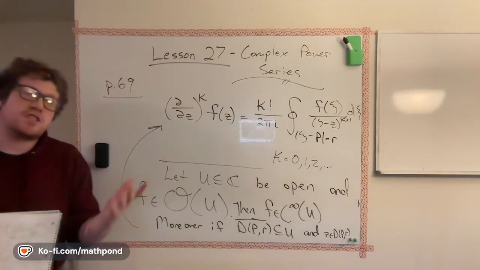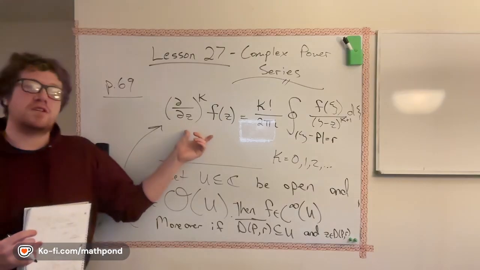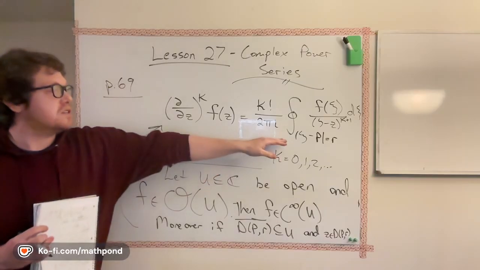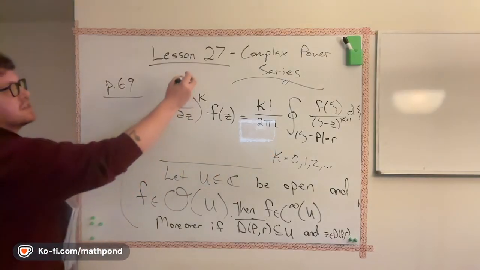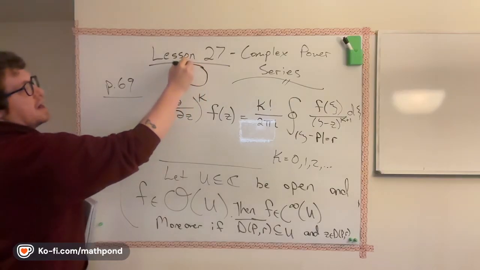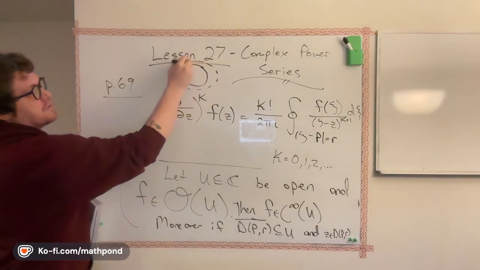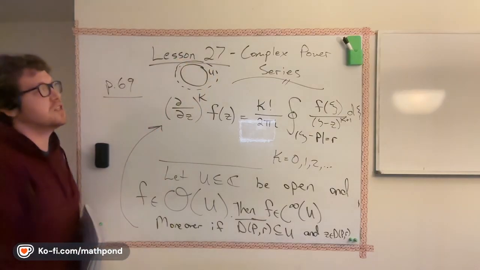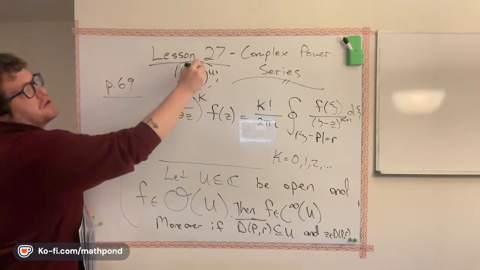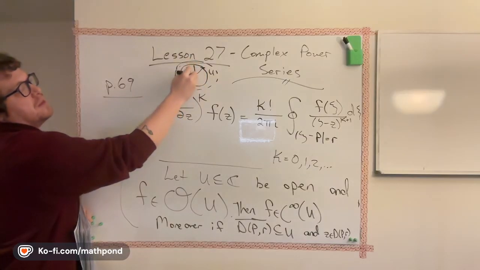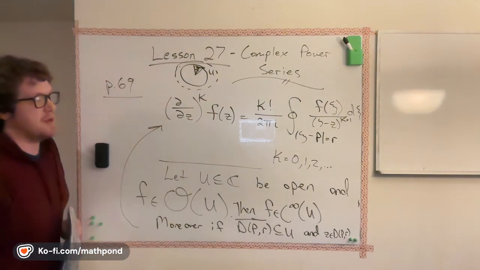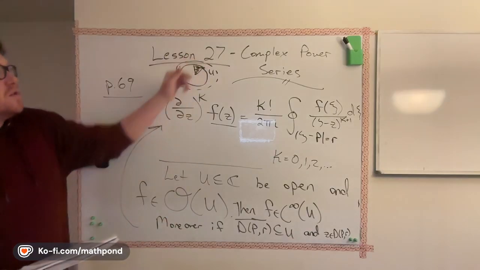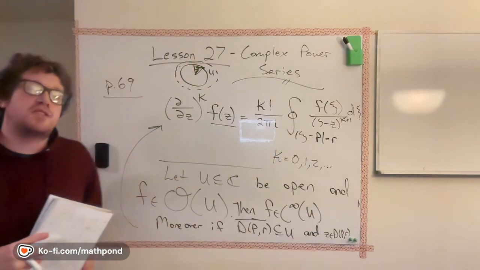Just a couple things we need, but essentially you could think of being able to use this formula as long as the function is holomorphic on the boundary of some closed disk. So maybe U is a little bit bigger than the closed disk, but definitely on the boundary and everywhere on the inside, f is holomorphic. If that's true, then we can use this generalized Cauchy formula.